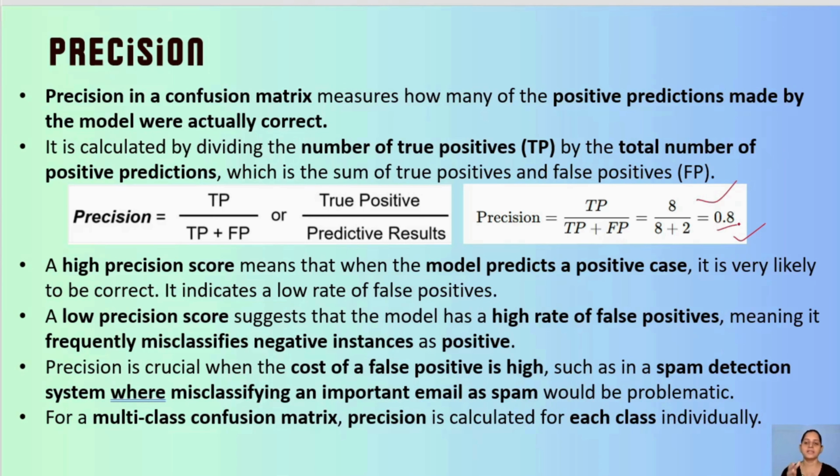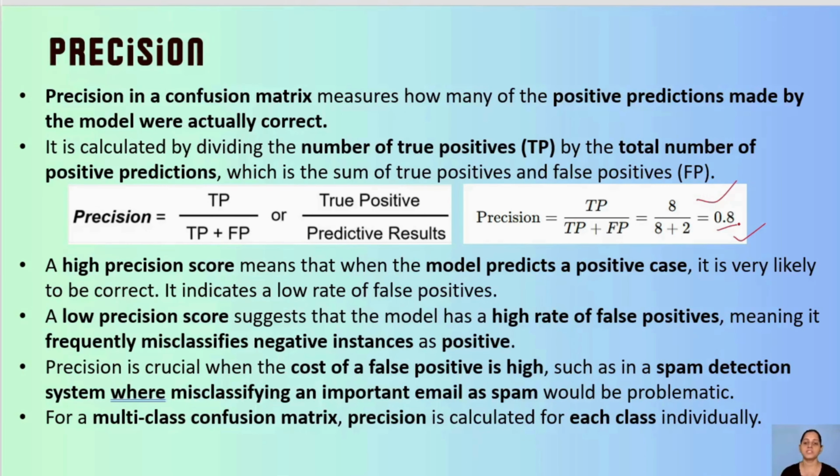So 0.8 is saying that 80% of my predictions in the total number of predicted output are correct positives, which is a good score. That means the 20% can be your false positives, and it's a low rate, right? So that's what it tells.